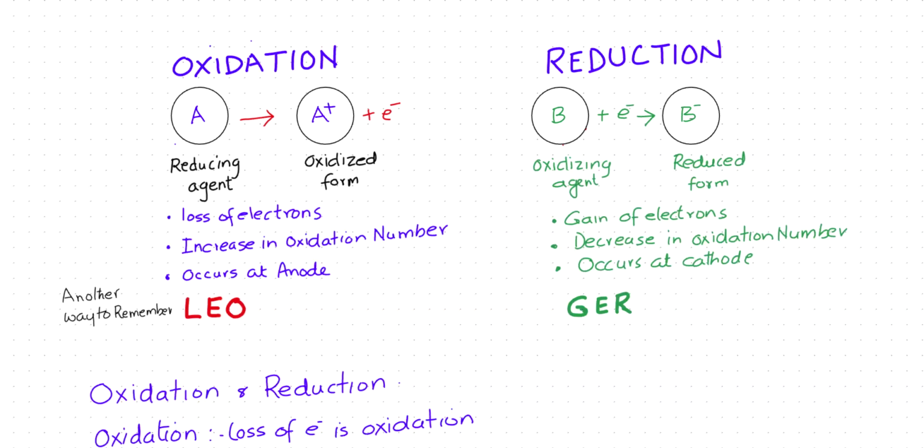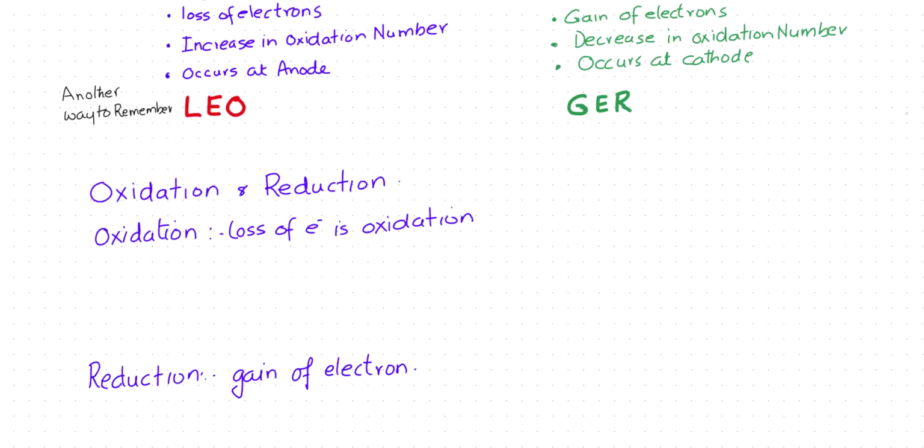So oxidation is loss of electrons. We'll see some examples here. For example, sodium, after losing one electron, forms Na positive ion. So sodium is oxidized to Na plus.